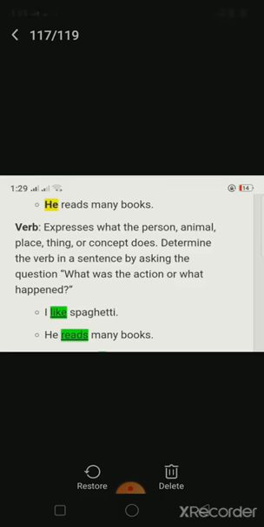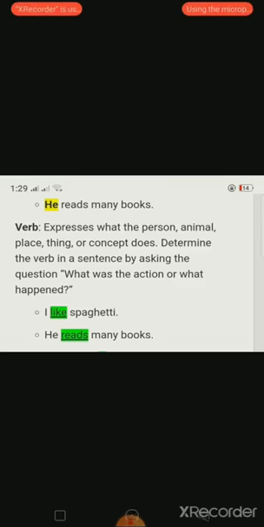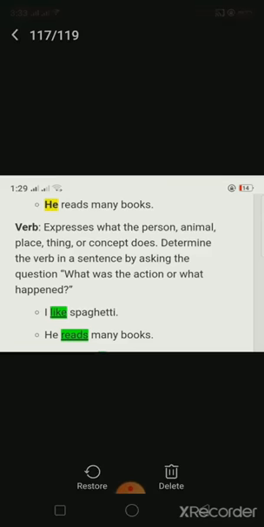We can determine the verb in a sentence by asking the question what was the action or what happened. In these sentences, I have highlighted the verb in green. I like spaghetti. He reads many books. Like and reads are the verbs of these sentences.